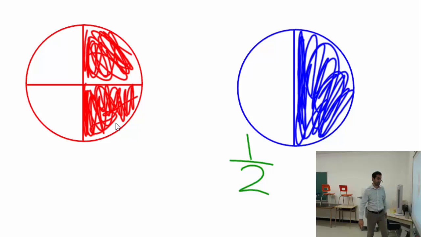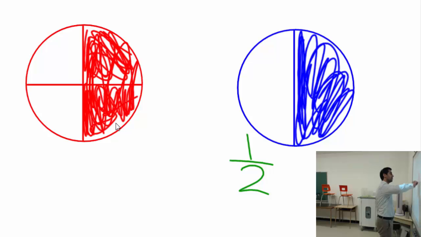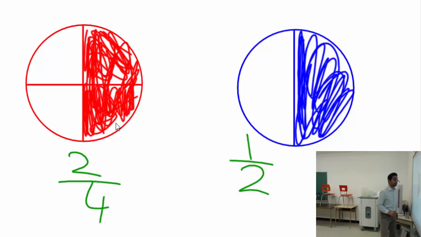Half of this circle is colored, and half of that circle is colored. So in other words, 2 divided by 4 and 1 divided by 2 are the same thing.